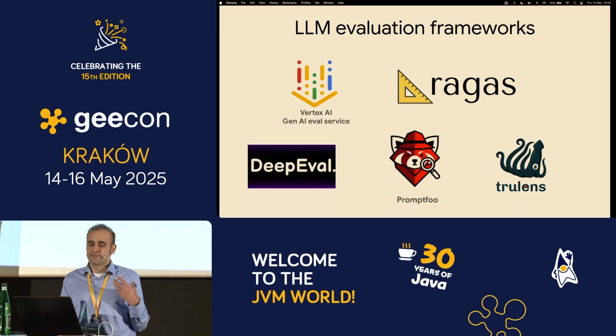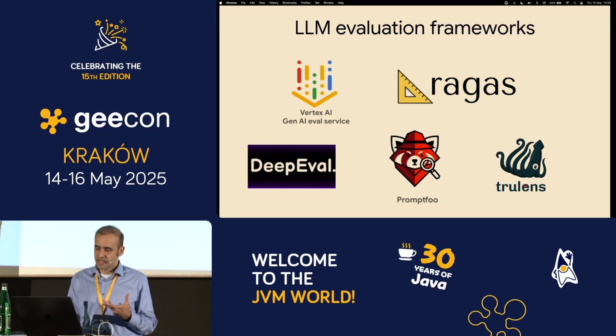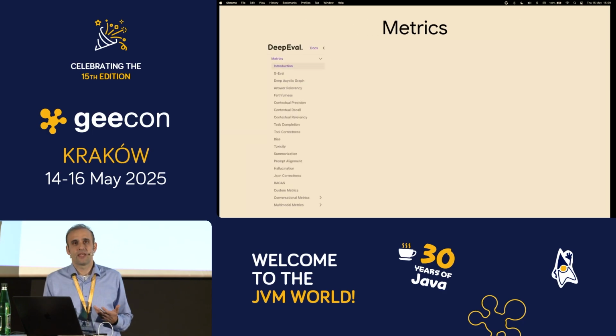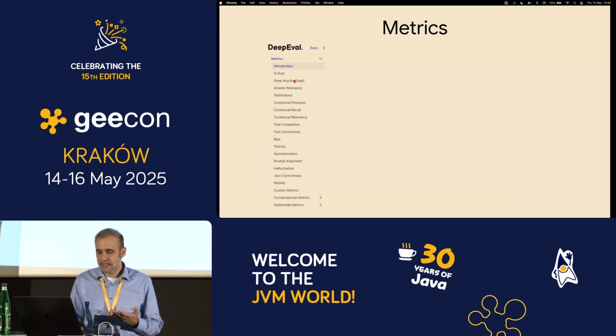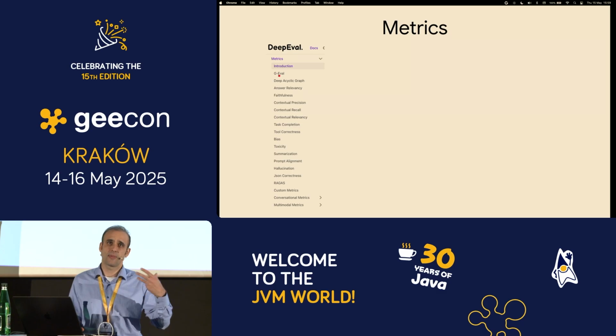I think the hard thing about these frameworks is when you look at the metrics they use. For example, DeepEval has metrics like GEval, which is based on a paper about general evaluation of large language models. Then there are things like contextual precision, recall, relevancy, and so on.